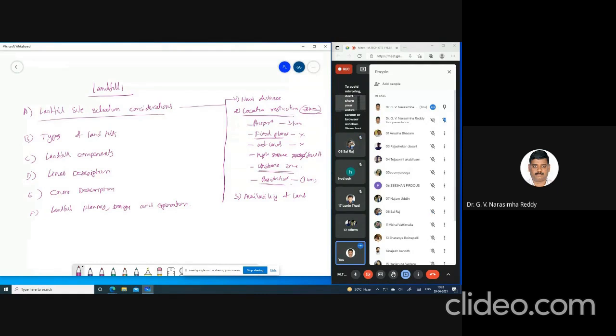Depends on population, sir? Yes, indirectly it depends on population. It directly depends on the amount of generation of waste. So how much is generated daily? And the second point is growth of population.